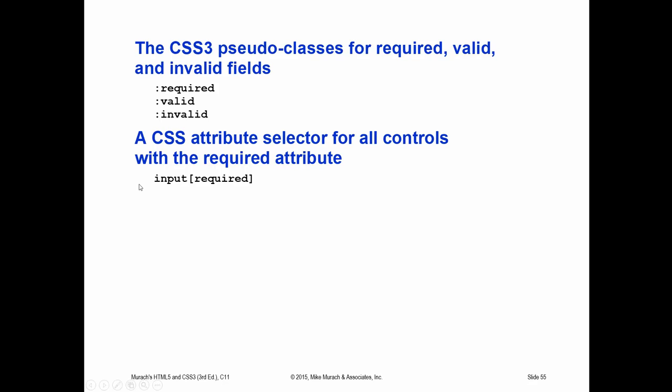With input, you can say here that everything with an input, so your buttons, your text boxes, etc., would now all be required if you put that in. Now, the author says here, as of this writing, which is about 2016, Chrome, IE, Firefox, and Opera all support these HTML5 attributes, as well as the 3 CSS pseudo classes.